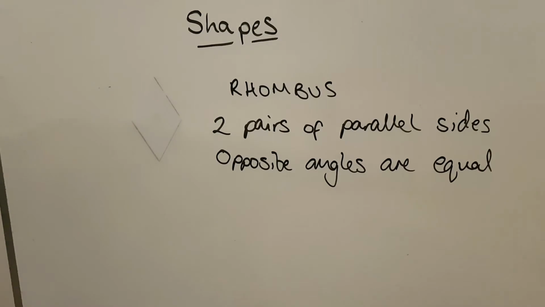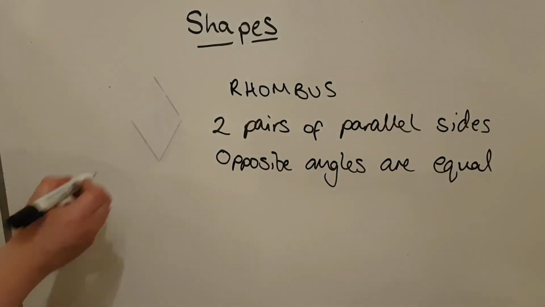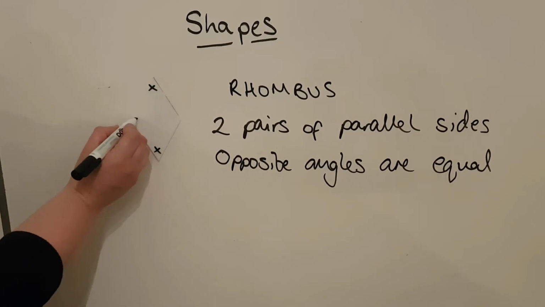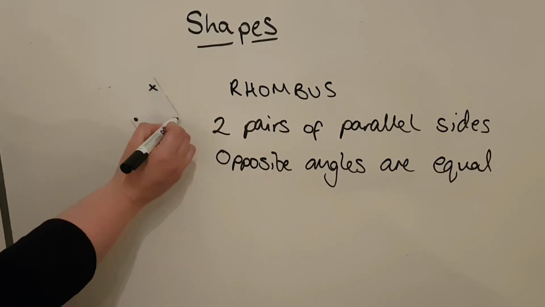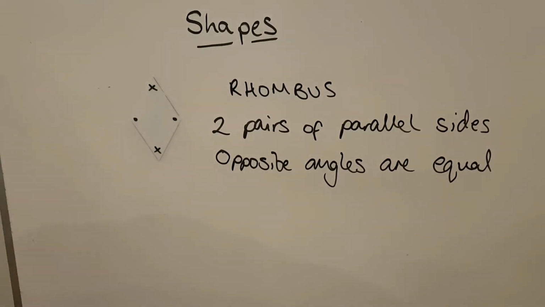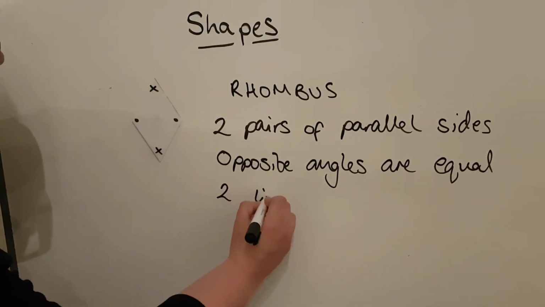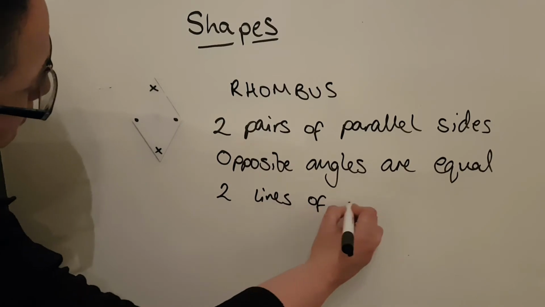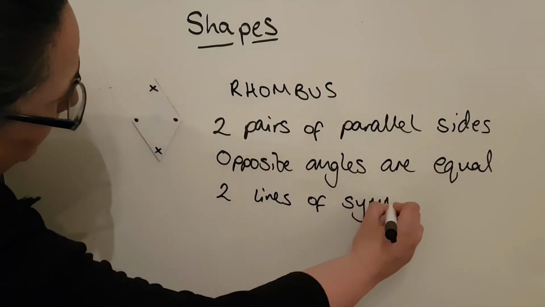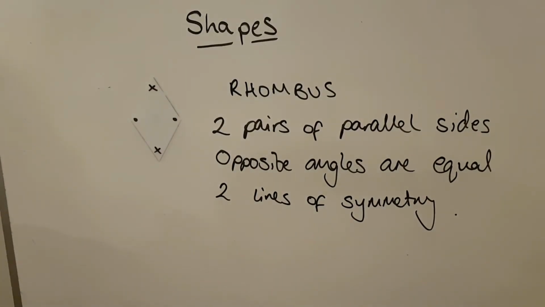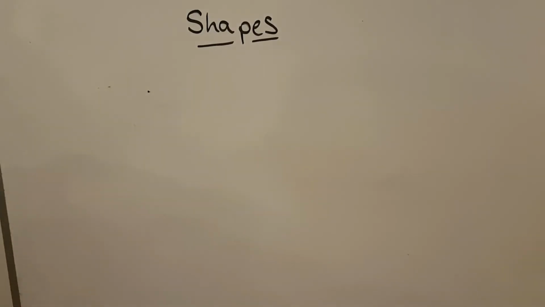Not all 90 degrees as they would be in a square because they've been squashed, but this angle and this angle are the same size as each other, and this angle and this angle are the same size as each other. And we've also got two lines of symmetry in a rhombus.